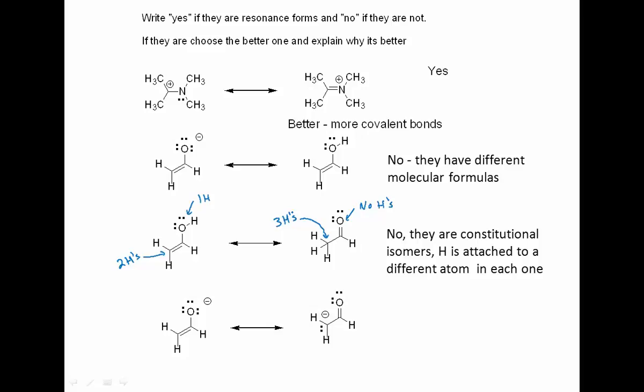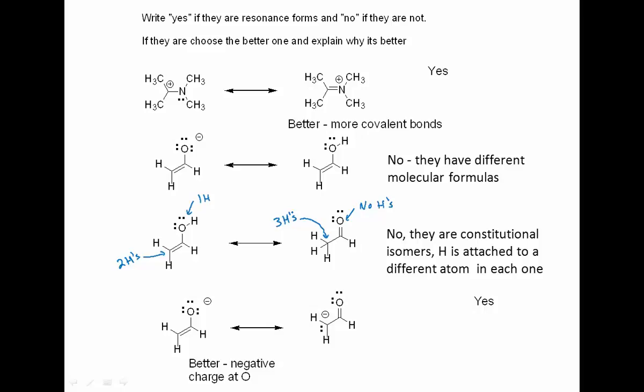Now let's just pull the proton off and look at the conjugate bases of those compounds. It turns out that these are resonance forms. There are no connectivity issues, and the one on the left is the more important one contributing to its structure because the negative charge is at oxygen.